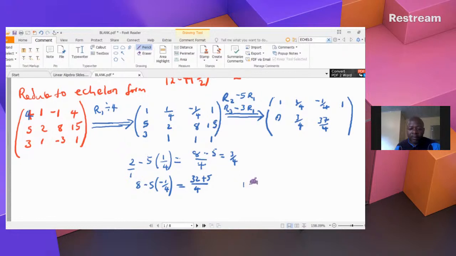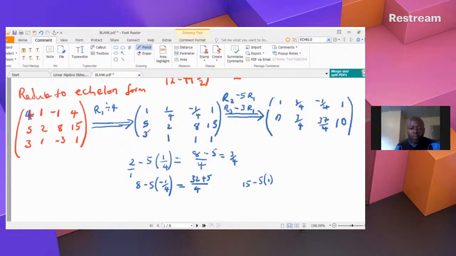Now let's come to the last element. There, it's 15 minus 5 multiplied by the element in row 1, which is 1, and this is 10. Now come to the last row, and we've said that we take row 3 minus 3 multiplied by row 1, because our main aim is to have a 0 here.